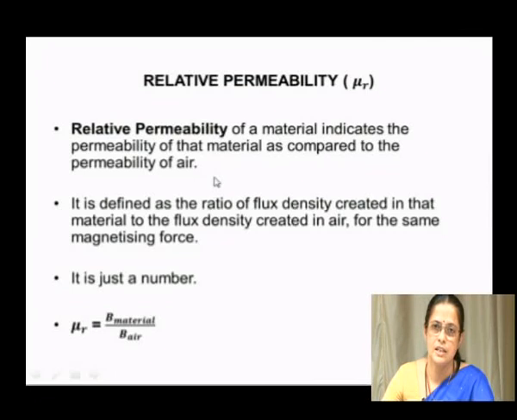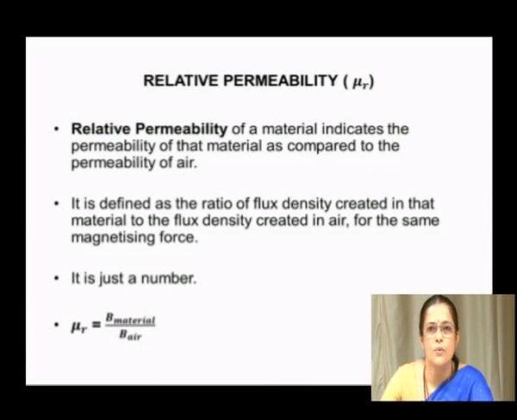You have to understand, relative means we are comparing with something else. All of you are familiar with the word relation. When we talk about two people, we tell how are you related to him. For example, you say he is my uncle, she is my aunt. So, that is the relation that you express of one person with respect to the other.